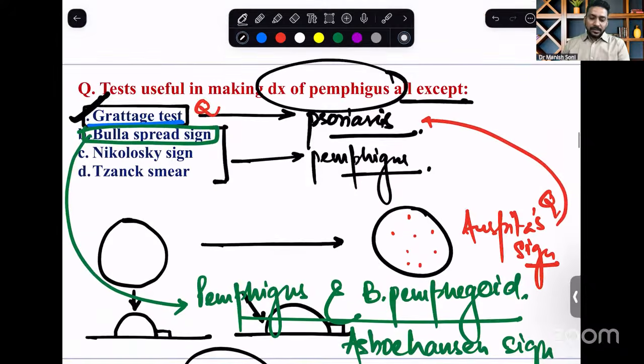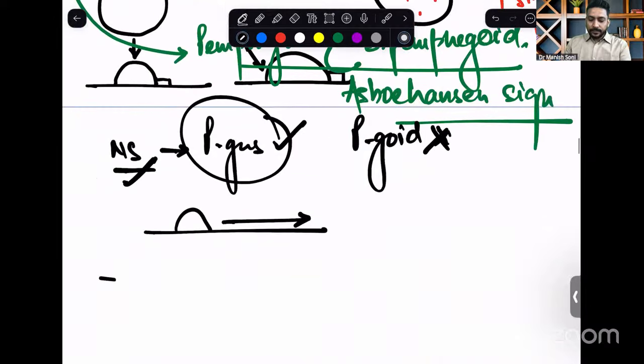Now coming to the last option, that is Tzanck smear. Tzanck smear is a very simple procedure where when a patient comes with a blister, you can rupture that blister and take the scraping from the base. And after doing Giemsa staining or Wright staining, you can see it under microscope.